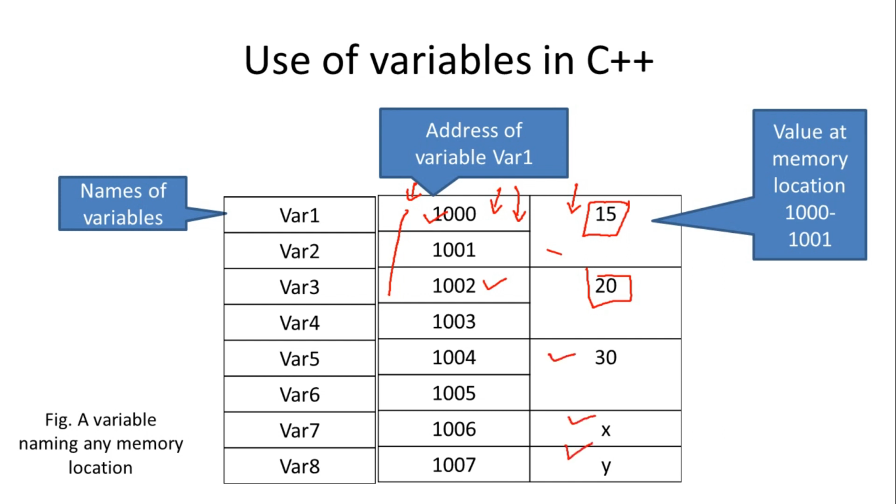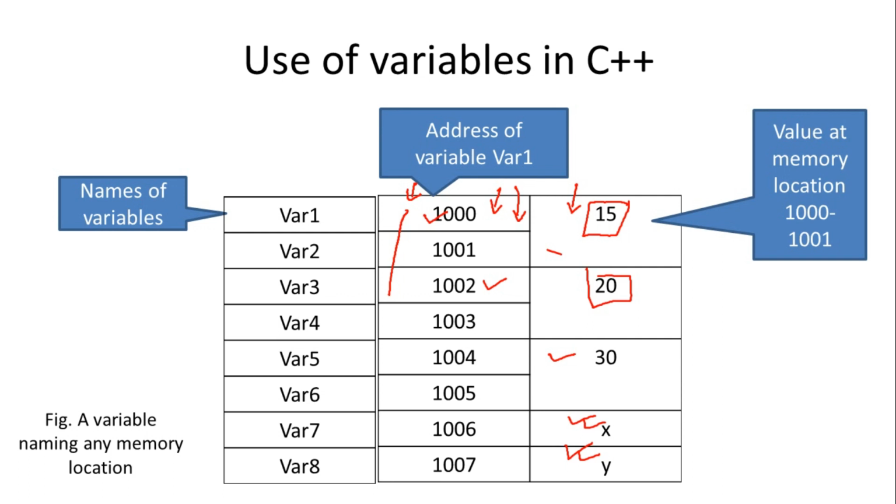Let us consider that 15, 30 and 20 are integer values, and x and y are characters. Characters may include capital alphabets, small alphabets, special characters and digits also. For storing any variable, memory is required. How much memory is required? It may vary depending upon the type of data that is stored.